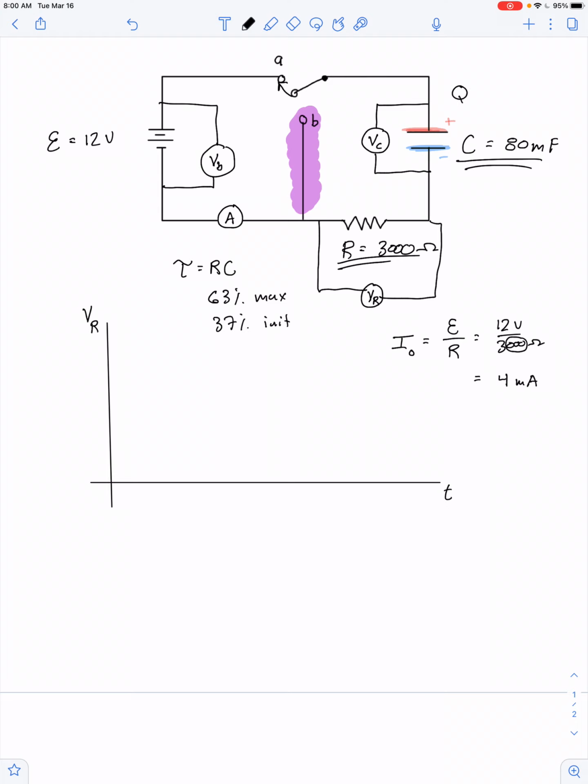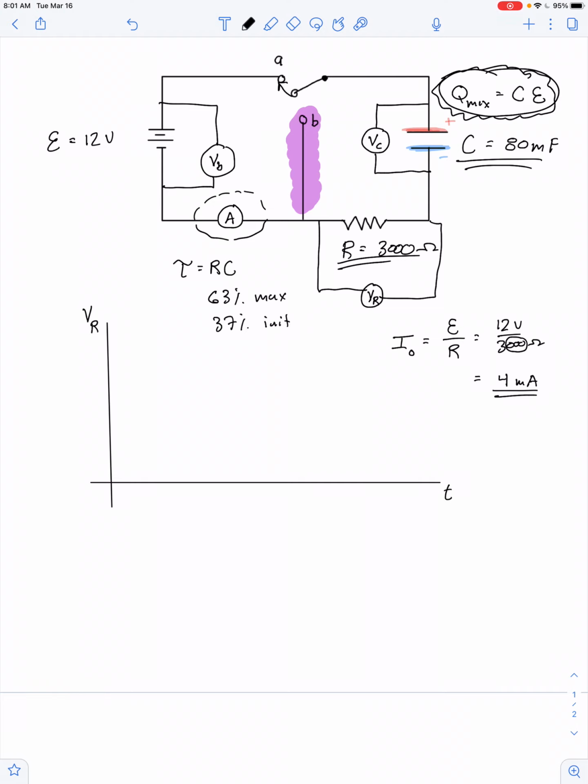Now what is that value? We call it Q max. We know that's equal to the capacitance multiplied by the EMF of the battery. Once the charge reaches this value, there's no longer any current in the circuit, and the ammeter reading goes to 0. So the ammeter is going to start with a reading of 4 milliamps and drop to a reading of 0 as the charge on the capacitor goes from 0 up to this maximum value.